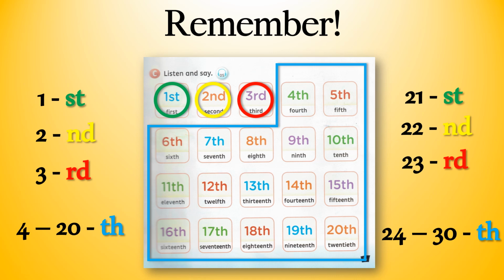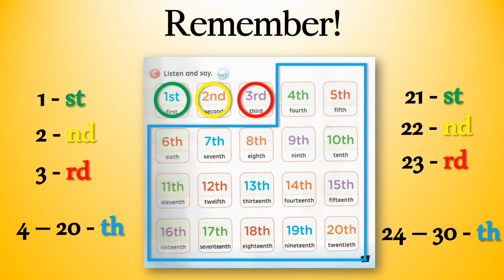Okay, here is something to remember. When we are talking about ordinal numbers, there are 4 different groups of letters we have to remember when writing the number. First, this is ST. Second, ND.